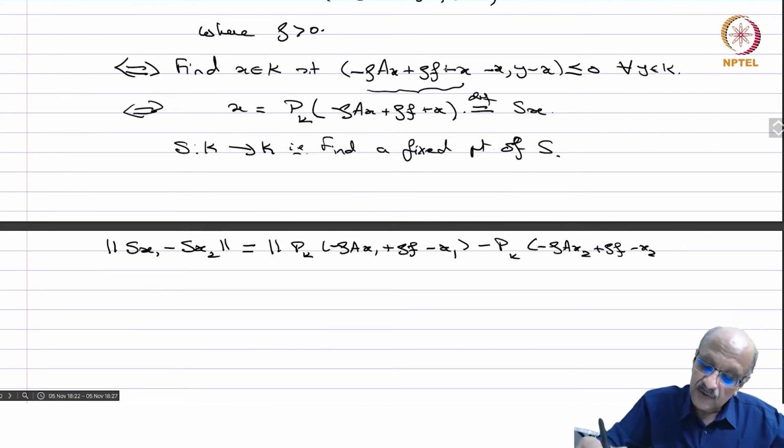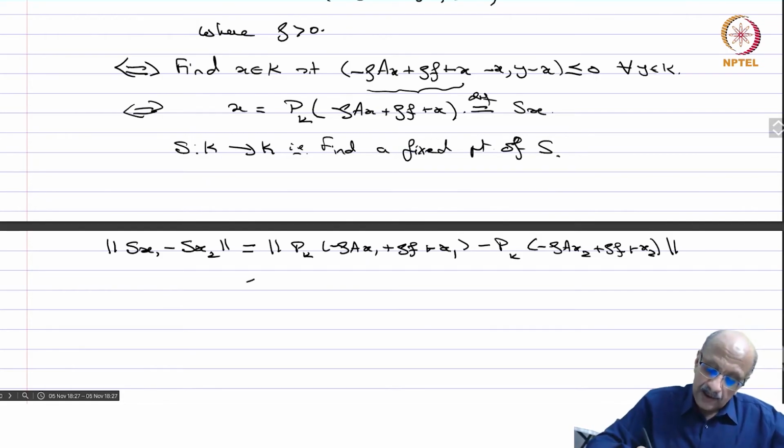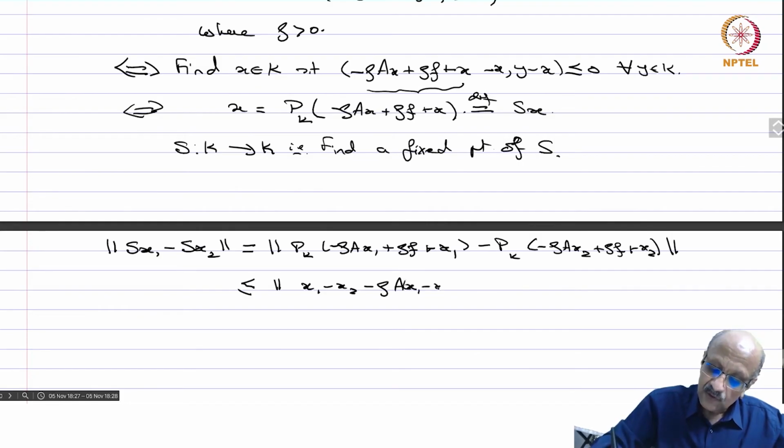Sorry, there was a plus x, and therefore you have plus x1 plus x2. And that we know norm of Pk x minus Pk y is less than or equal to norm of x minus y. We have shown this, and therefore this will give you norm of x1 minus x2 minus rho A(x1 minus x2).